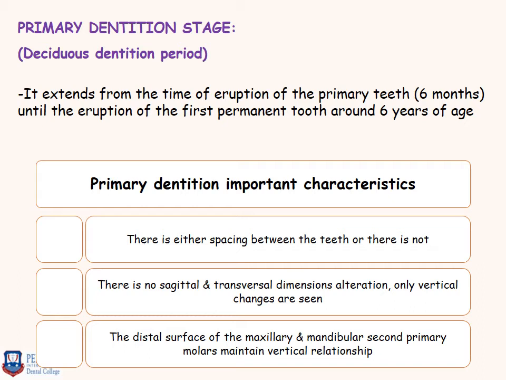So the distal surface of the maxillary and mandibular second primary molar maintains the vertical relationship between the maxillary and the mandibular teeth.